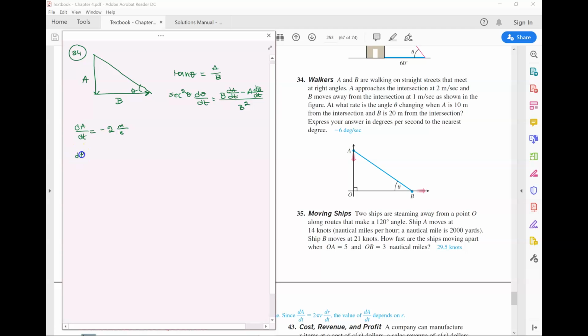And then dB dt is 1 meter per second. And we need to find d theta dt when A is 10 and B is equal to 20.